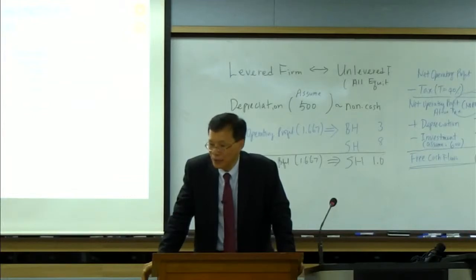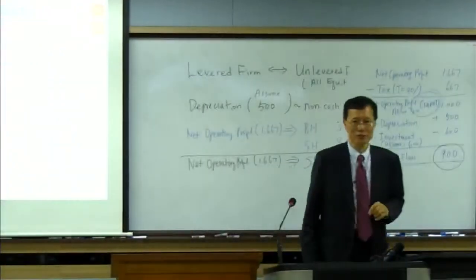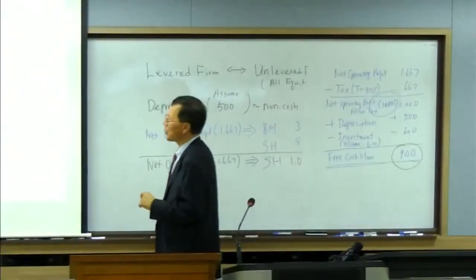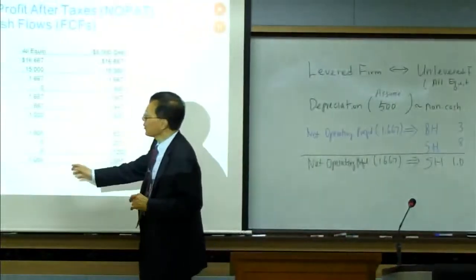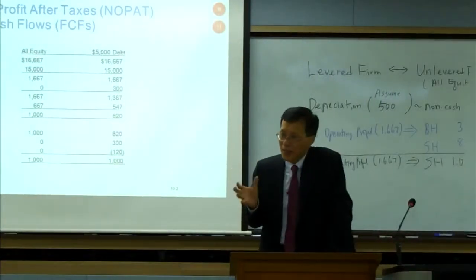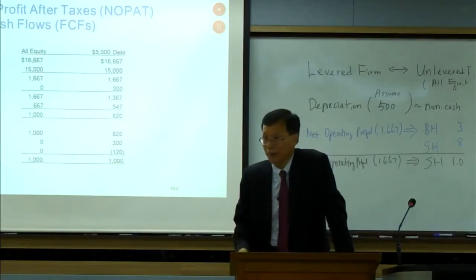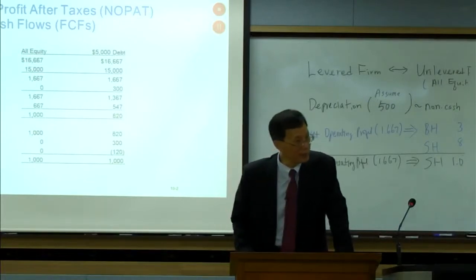So use that average tax rate to find net operating profit after tax and free cash flows. They will be used later for the purpose of valuing the company, valuation of the entire company.